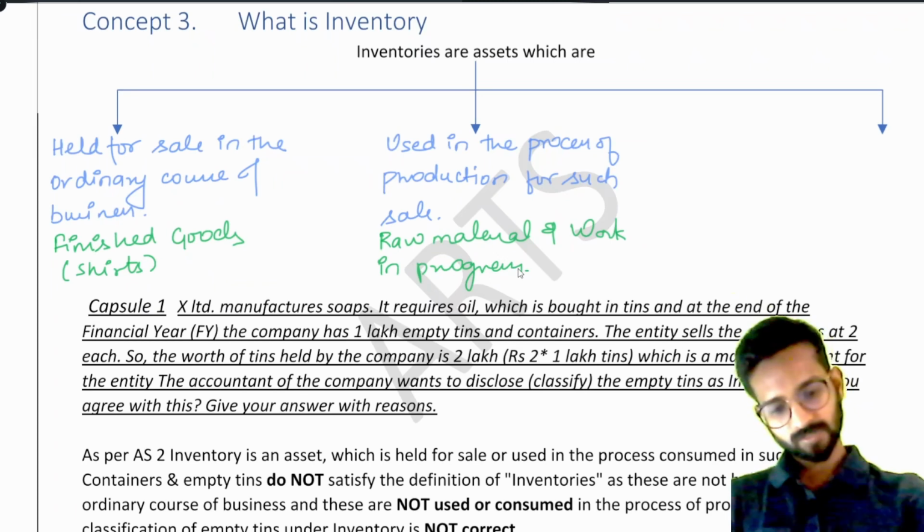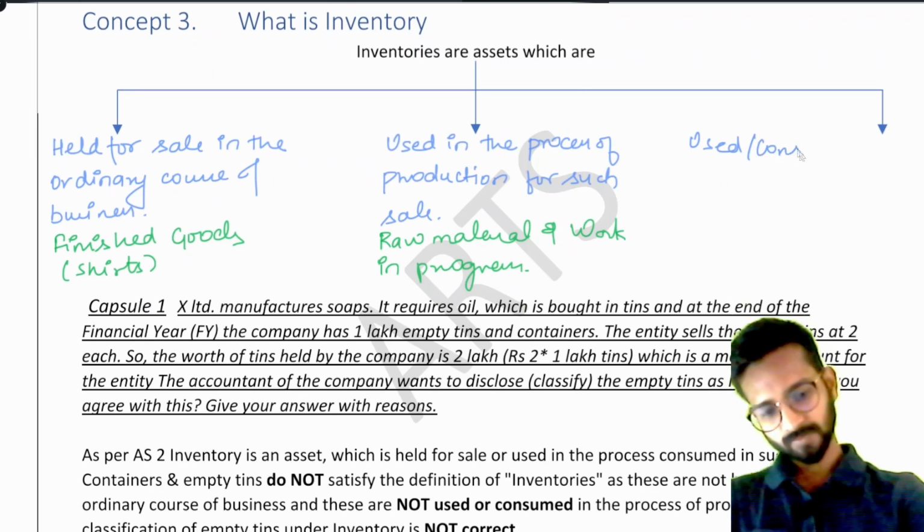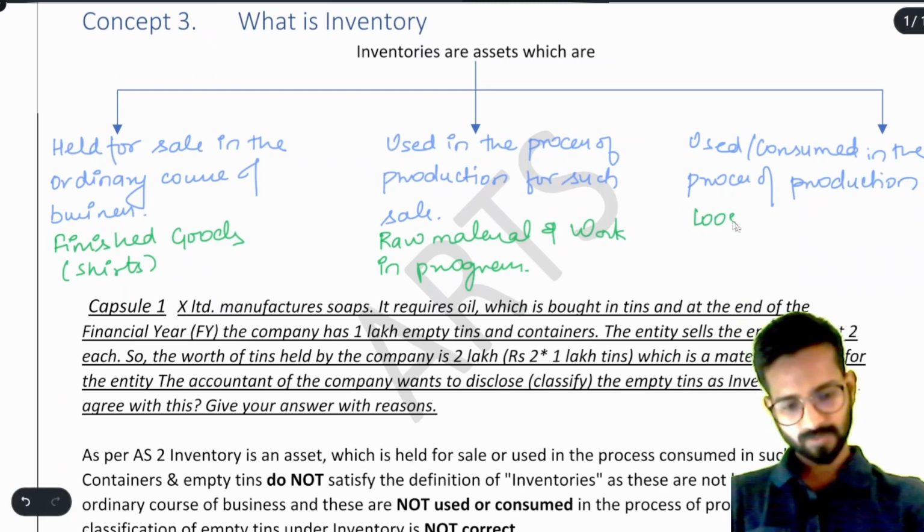And the third was assets which are used, or you can say consumed, in the process of production. For example, loose tools. You can also call them consumables.